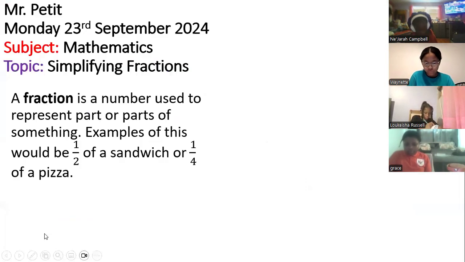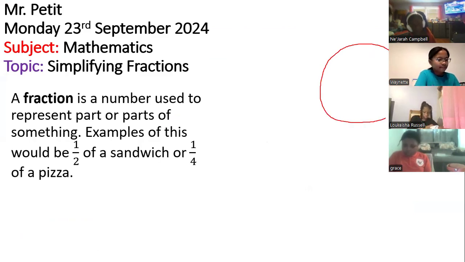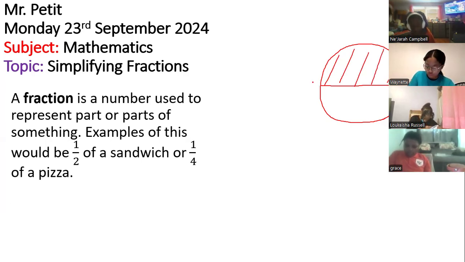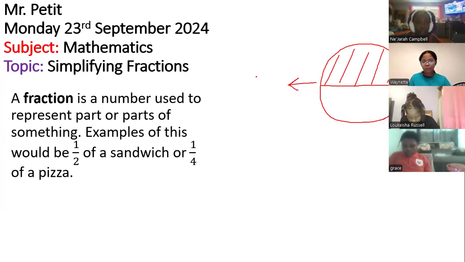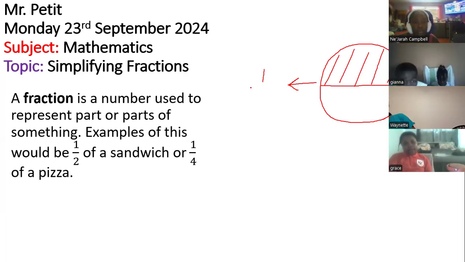So for example, let's say we have the sandwich, and we're using the circle to represent our sandwich. We want to represent half of the sandwich, so we cut it in half. If we want to represent that portion as a fraction, what would we say? 1/2. 1 out of what? 2. 1 out of 2.